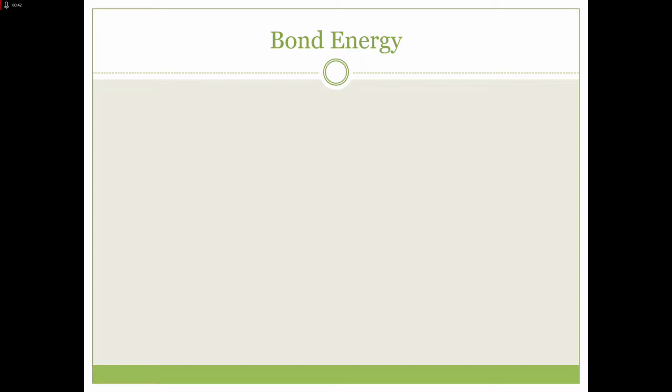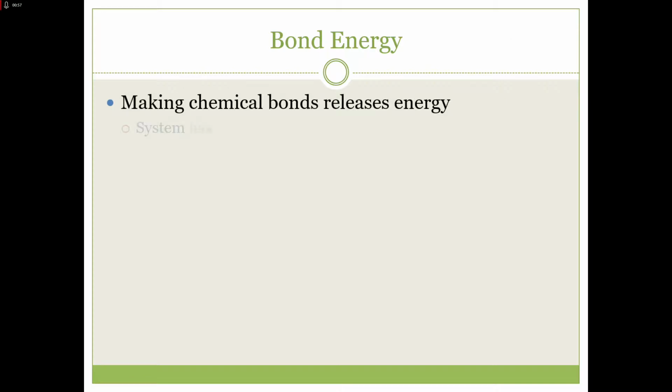Whenever a chemical bond is created between two atoms, it requires a certain amount of bond energy. Interestingly enough, when chemical bonds are created, they release energy. This leads to systems which have less energy, and because they have less energy, they are more stable.